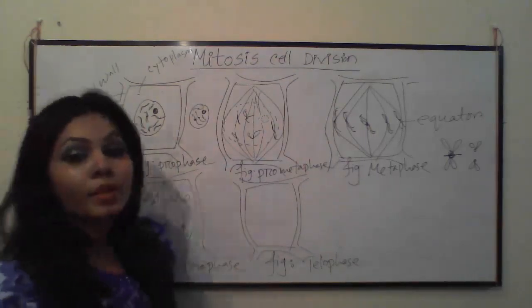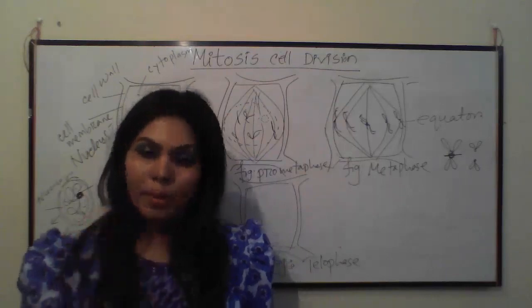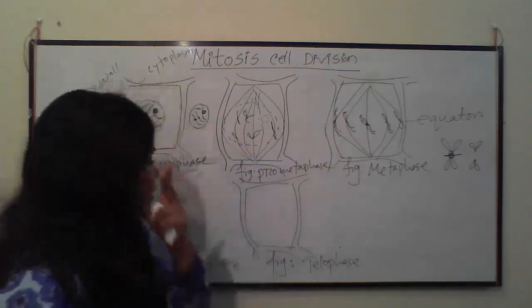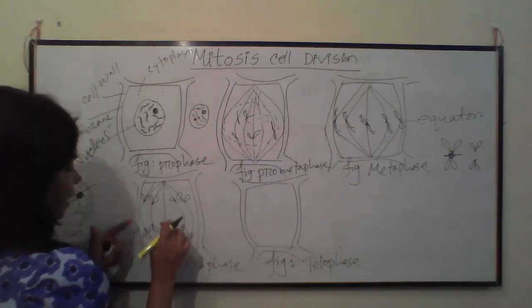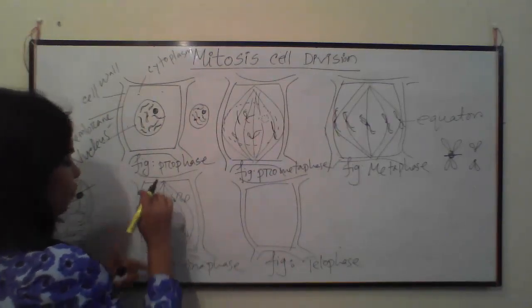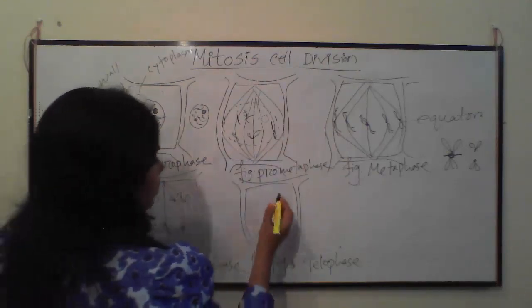Telophase is the last stage of mitosis cell division. This is when the chromosomes are trying to reach or have already reached their respective poles.